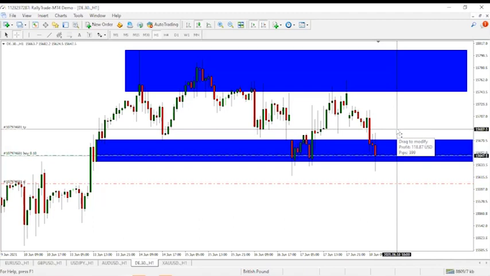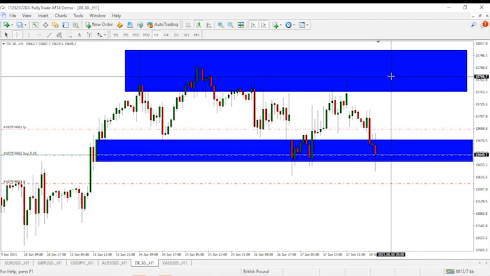TP 15687.3, and then our stop loss for that sell limit is going to be above structure. All right, stop loss is going to be at 15768.9. That's going to be our stop loss for the sell.